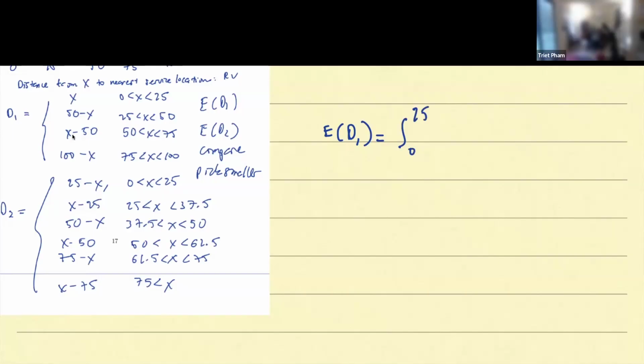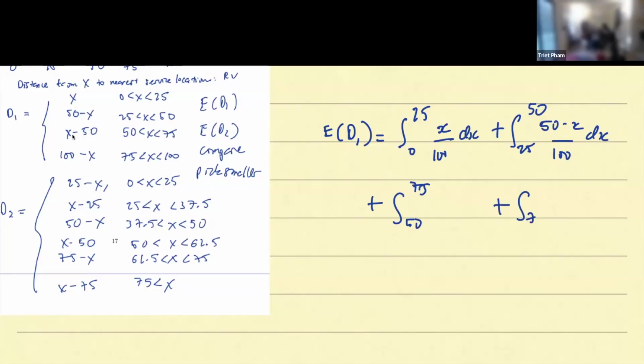From 0 to 25 of x over, remember it's the uniform over 100, dx. Plus the integral from 25 to 50 of 50 minus x over 100 dx. Plus the integral from 50 to 75, and then the integral 75 to 100, and so on. All right? So that's all you have to do.